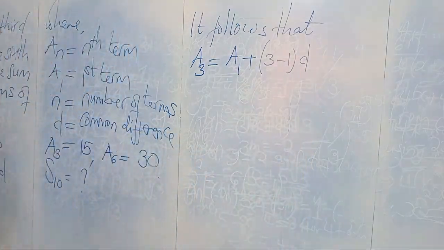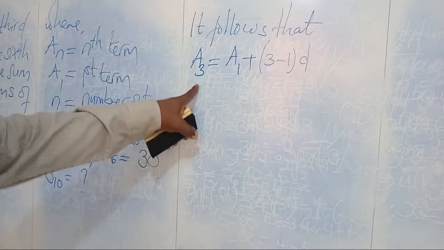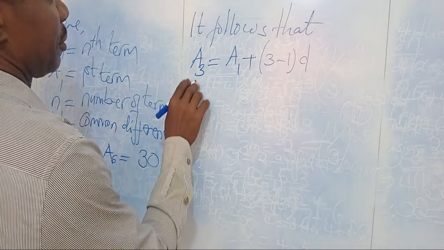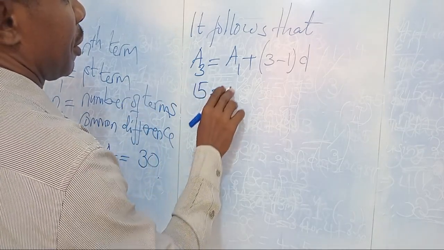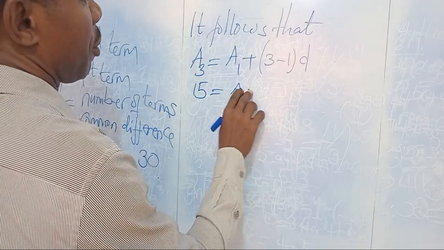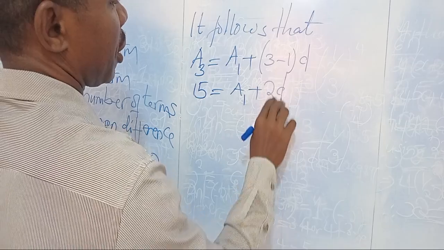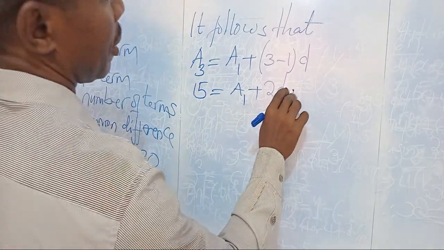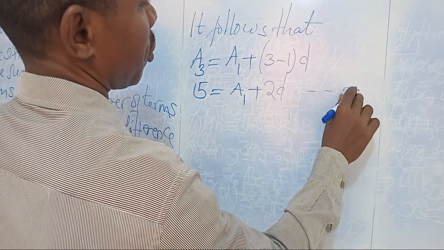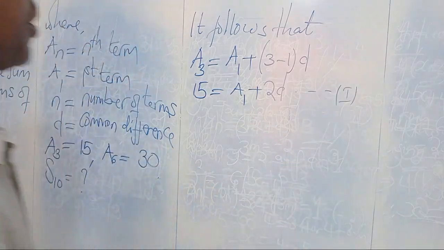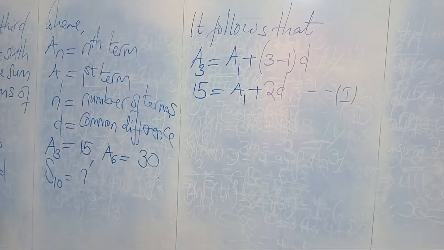There are things we know, there are things we don't know. What is A3? This is 15. So 15 is equal to A1 plus, 3 minus 1 gives us 2, so 2d. Let's call this equation 1.